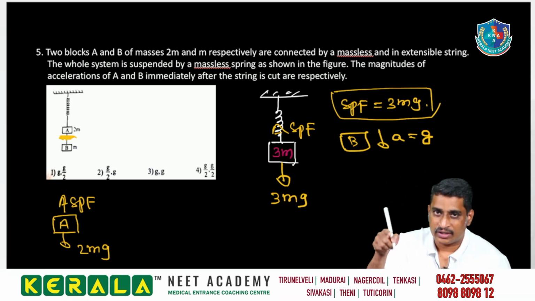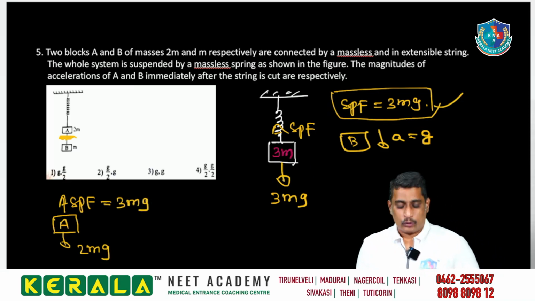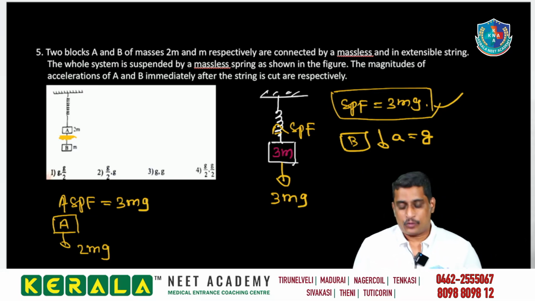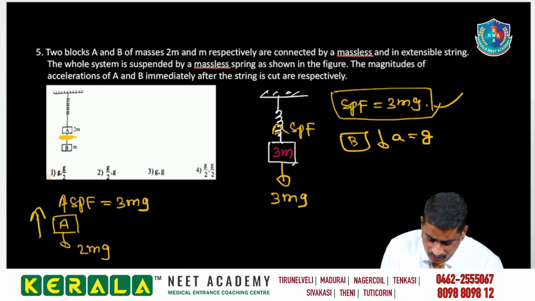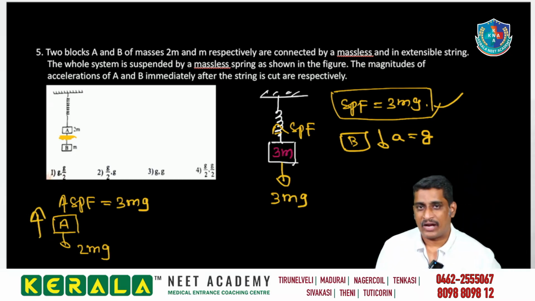Therefore, the spring force we have already calculated is 3mg. In the free body diagram of block A, one force is the weight 2mg acting downwards. The other force is 3mg acting upward. Therefore, block A will be accelerated in the upward direction.